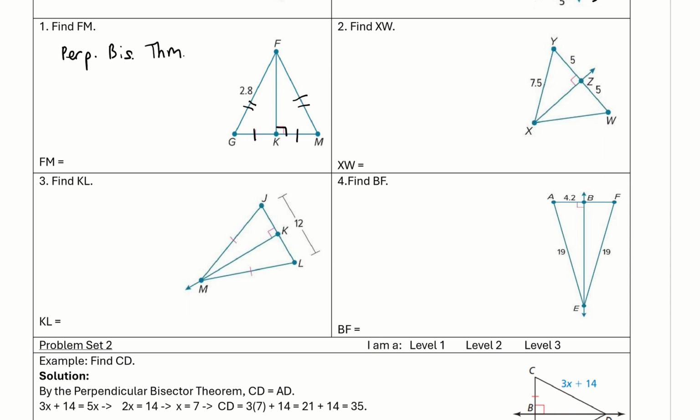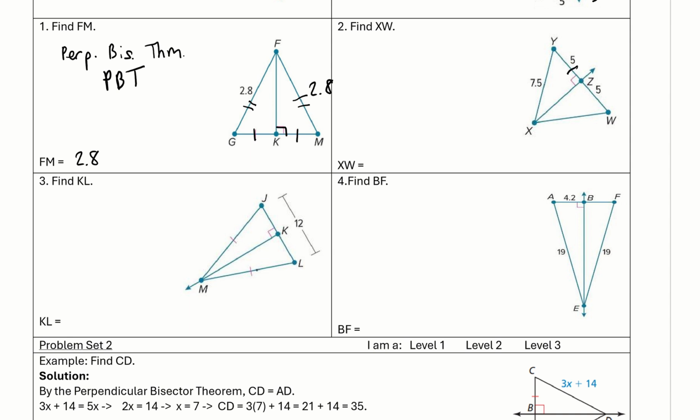You could say PBT for short if you want, but there it is, perpendicular bisector theorem. So I'm going to put PBT for perpendicular bisector theorem, and then I'll put CPBT for the converse. This is just something for us to shorten it for the lesson, for the practice. So therefore, this is 2.8. I can go ahead and do that.